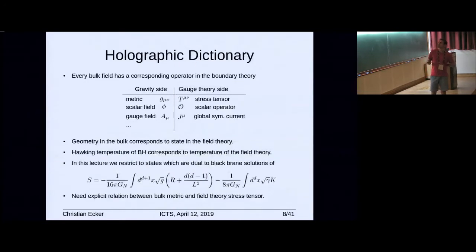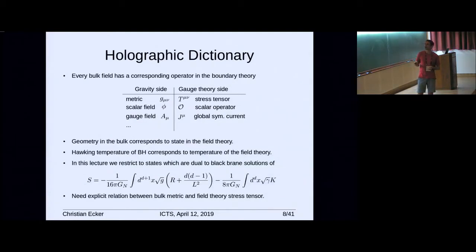But first, let's have a look at the holographic dictionary. In holography, every bulk field has a corresponding operator in the boundary theory. For instance, the metric on the gravity side is dual to the stress tensor on the gauge theory side. Scalar fields are dual to scalar operators, and gauge fields are dual to global symmetry currents.